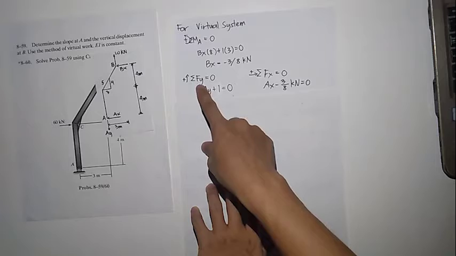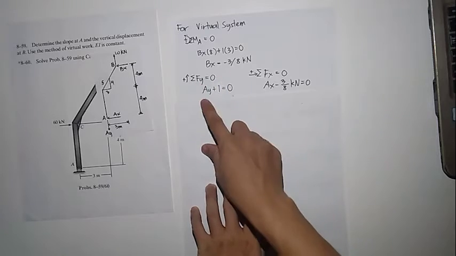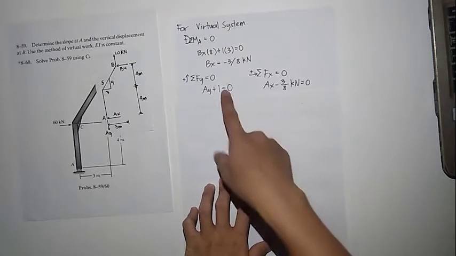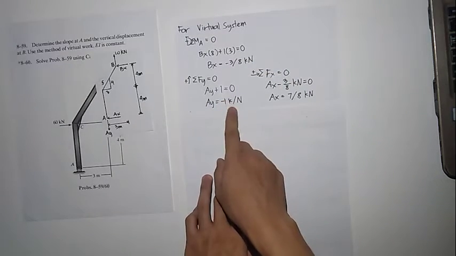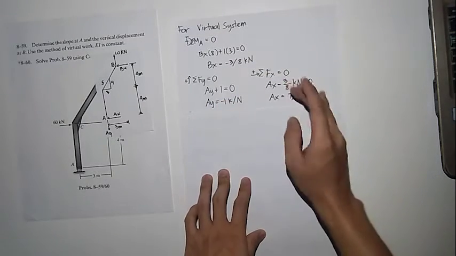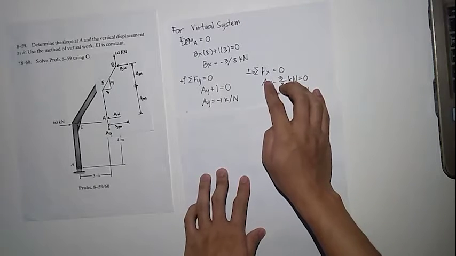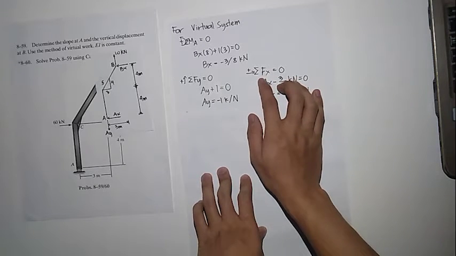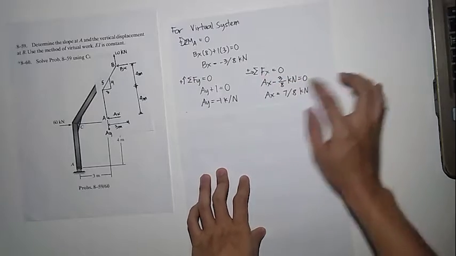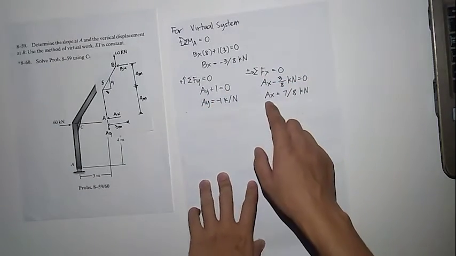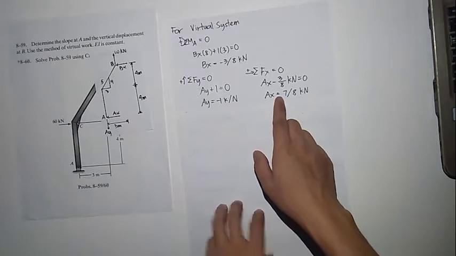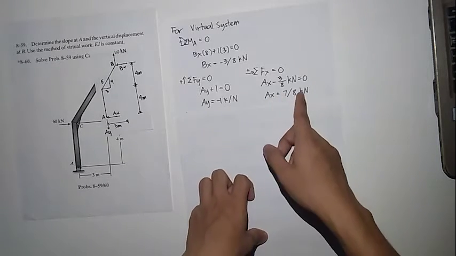I-add lang po natin of all forces at Y equals to 0. So, AY plus 1 po na paakyat. Kaya, AY is equals to negative 1 kN. Ganun din po ang gagawin natin sa x-axis. I-add lang po natin all forces at x. So, AX minus 3 over 8 kN equals 0. Makukuha po natin ang AX na 3 over 8 kN.